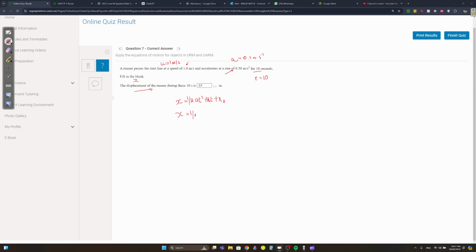So it's half times 0.5 times 10 squared plus u, which is 1, times 10, plus x node, which we don't know, so we're just not going to write it. Half times 0.5 times 10 squared is 25, plus 10. Just put it in your calculator, you get 35.